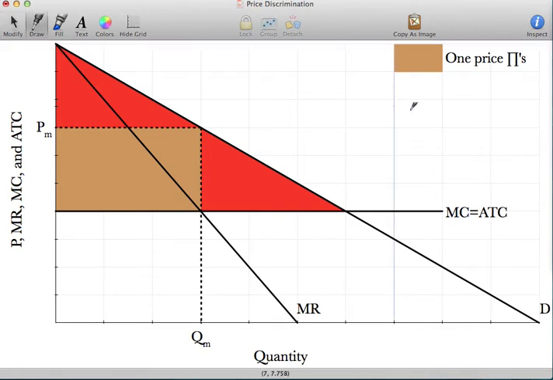And let me actually put in that higher level of output. And let's say that's Q, perfect price discrimination.